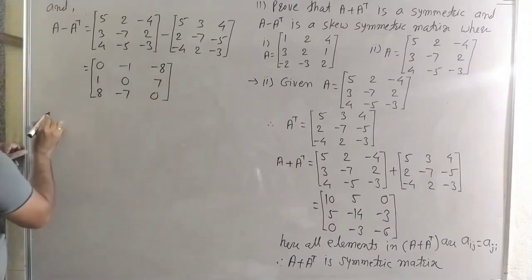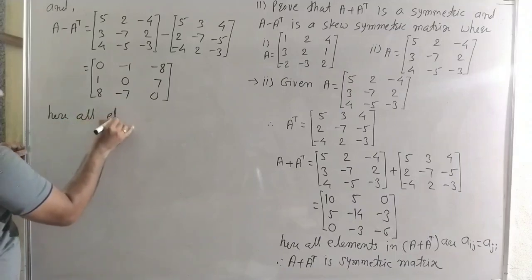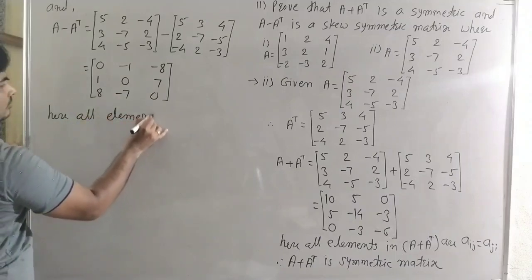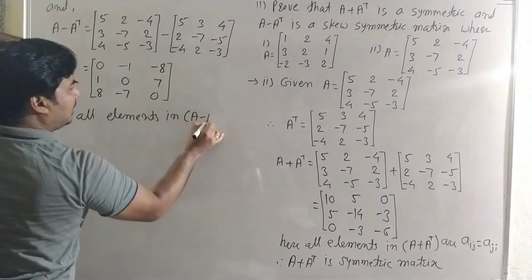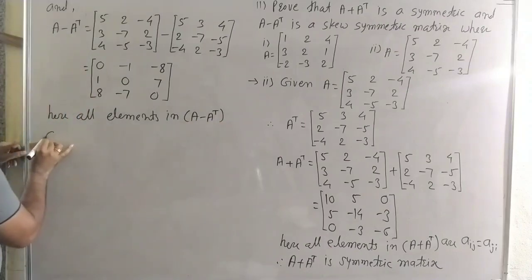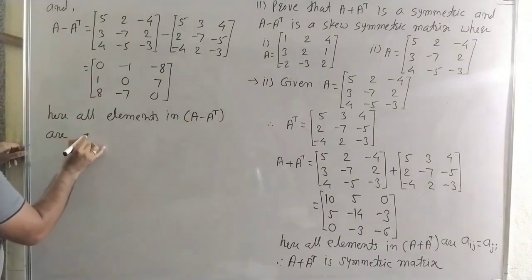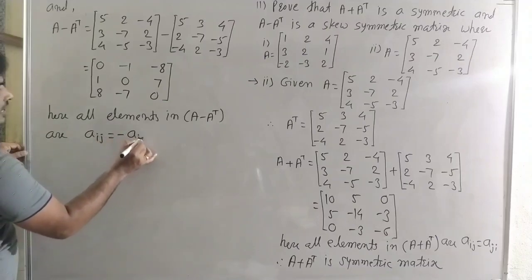Okay, here all elements in matrix A minus A transpose are in the form of Aij is equal to minus Aji.